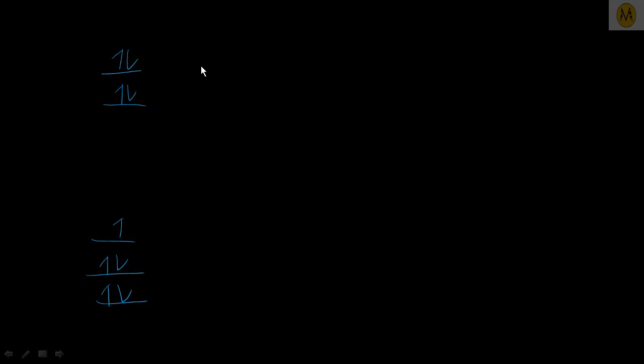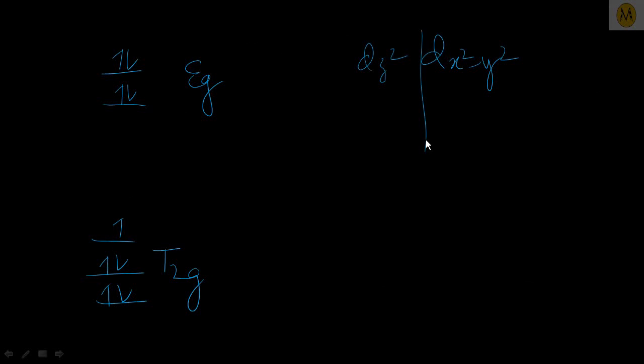Eg is completely filled and T2g is partially filled. So we'll again calculate the arrangement of electrons. Eg, dz square or dx square minus y square, these will have 2 electrons.